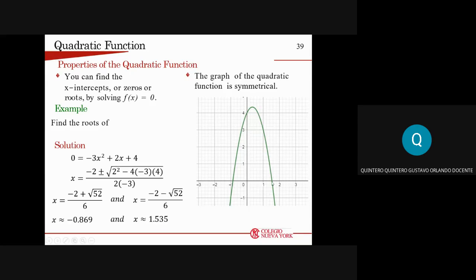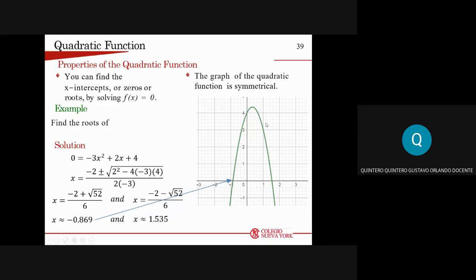But the two values of x, the two x-intercepts, are going to be approximately negative 0.869, which is right here, look. That one, negative 0.869, really close to negative 1, but not quite. So right over there.